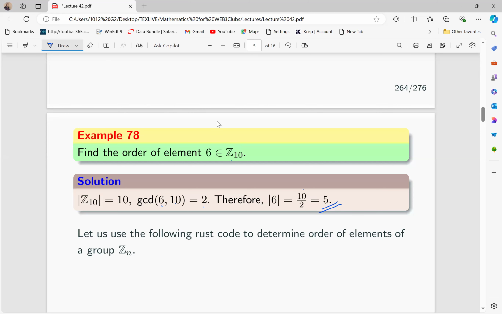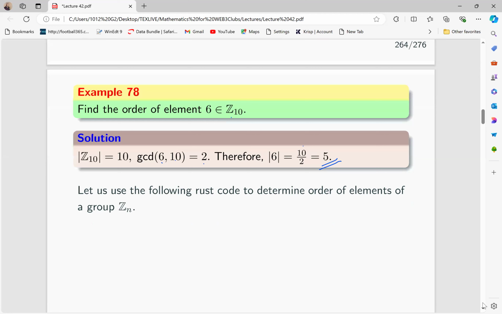Now let's go straight to the code and see how the code will be giving us the orders.